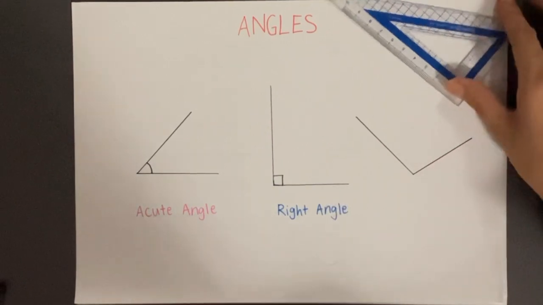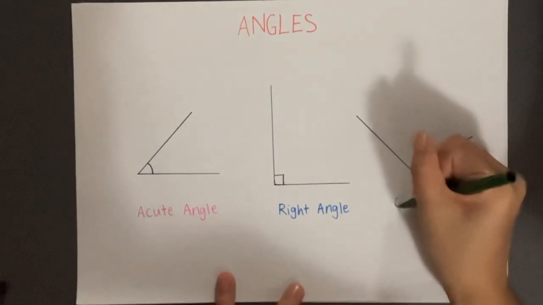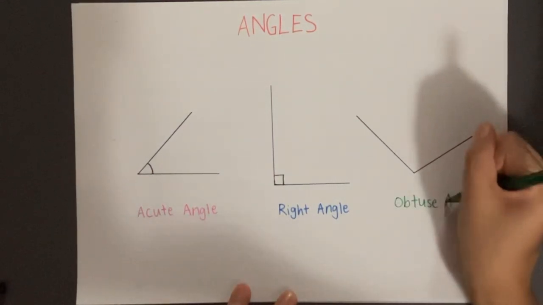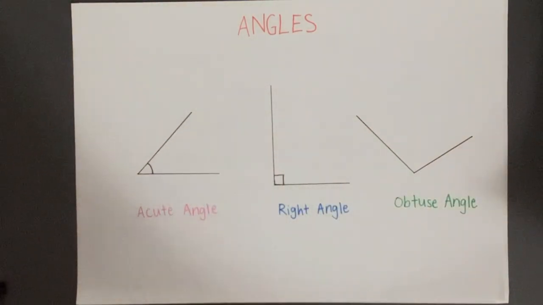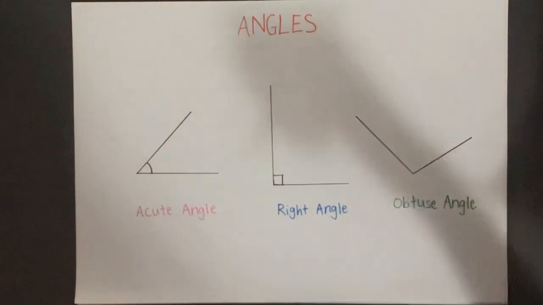Do you remember what this angle is called? So this angle is called an obtuse angle. An obtuse angle is larger than a right angle.